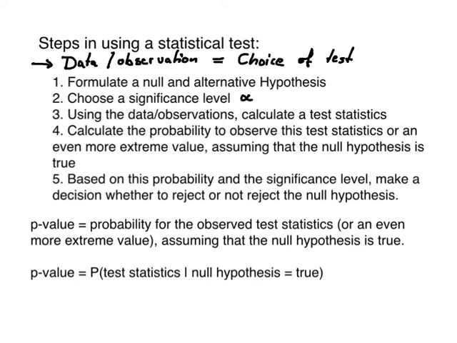And we can also write this in a sort of a shorthand. P-value equals the probability for this test statistic given, and that's this vertical line here, given that the null hypothesis is true.